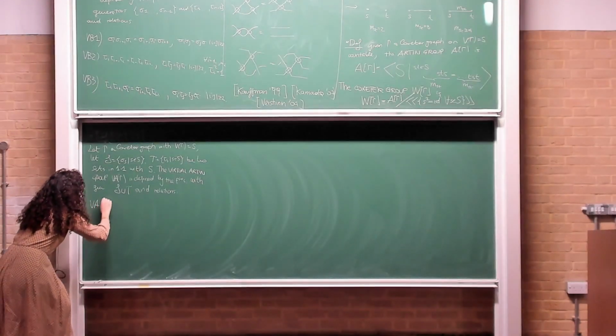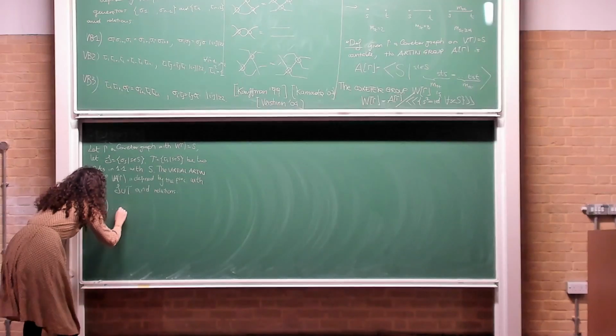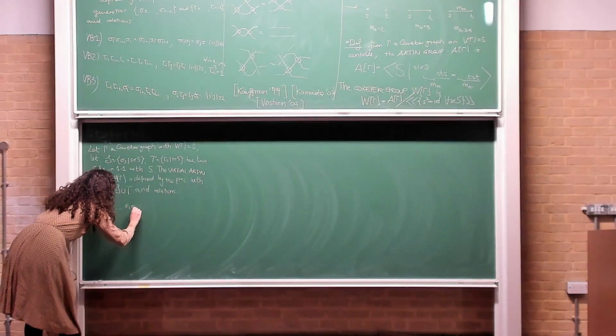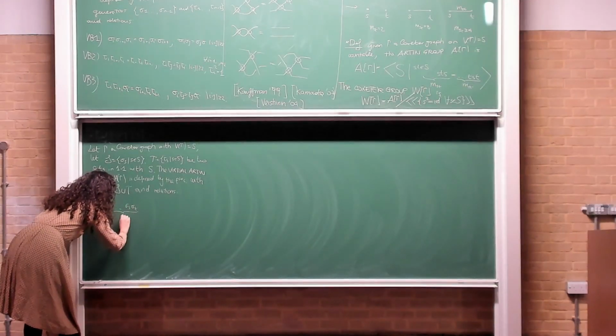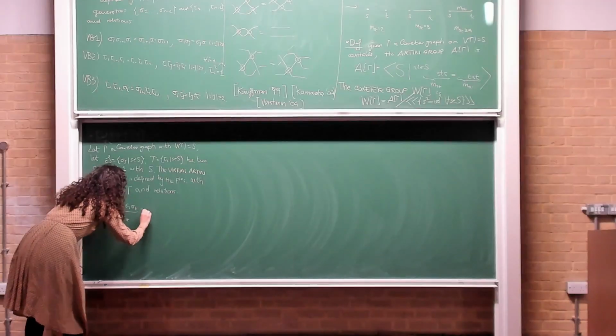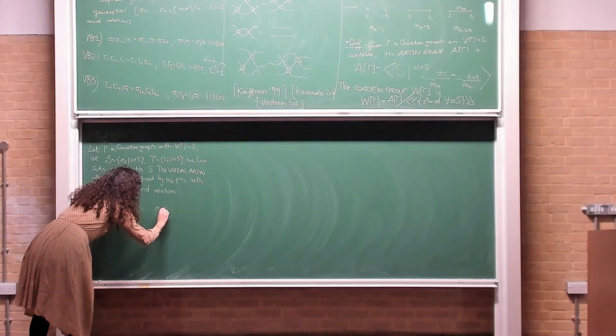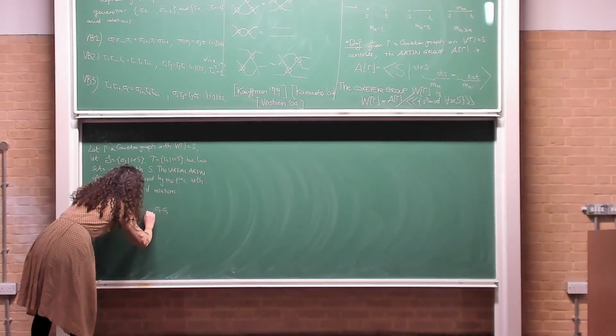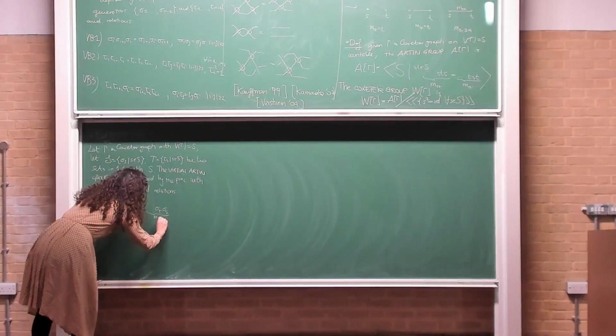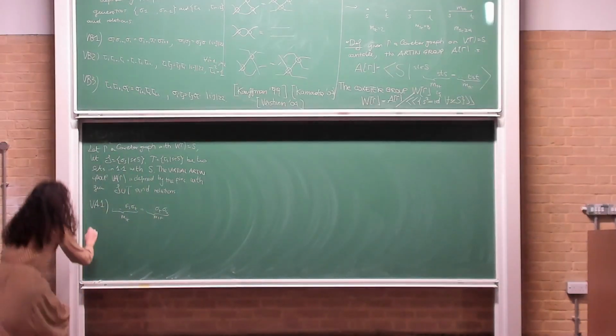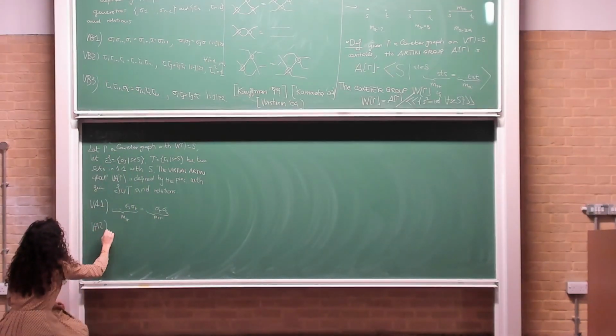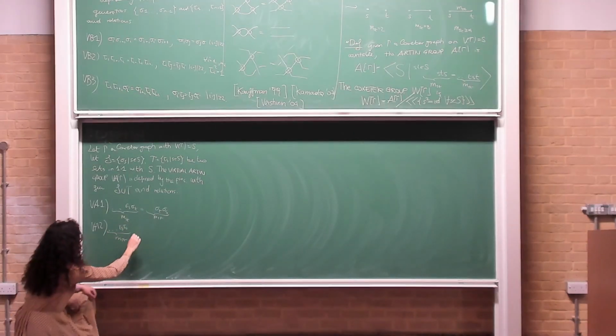So the first family of relations says that the alternating word in the generators sigma_s, sigma_t of length m_st should be equal to the other alternating word of length m_st. The second family says exactly the same thing for virtual generators.